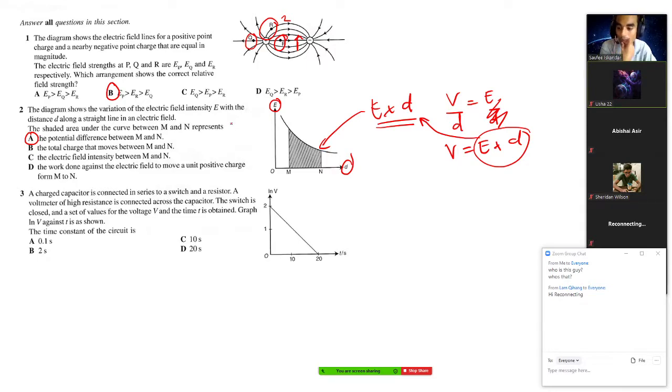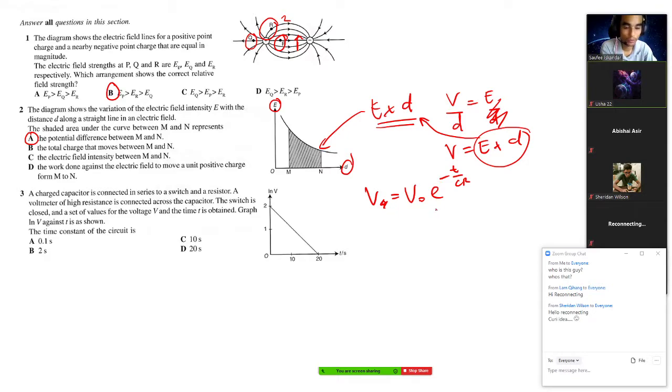Okay. Number 3. A charged capacitor is connected in series with a switch and a resistor. A high-resistance voltmeter is connected across the capacitor, the switch is closed, and a set of values of voltage V and time T is obtained. A graph of ln V against T is plotted. You remember the equation for discharging: V equals V naught e to the power negative T over CR, where CR is the time constant.